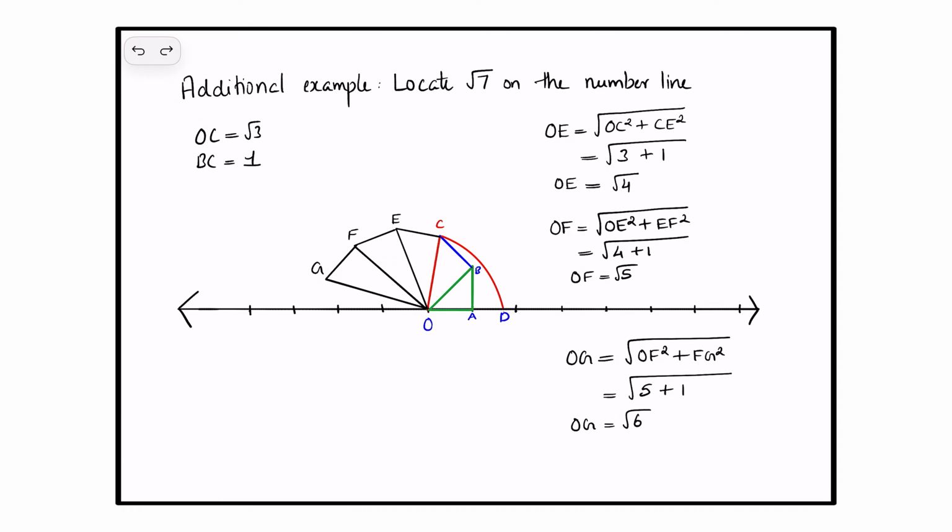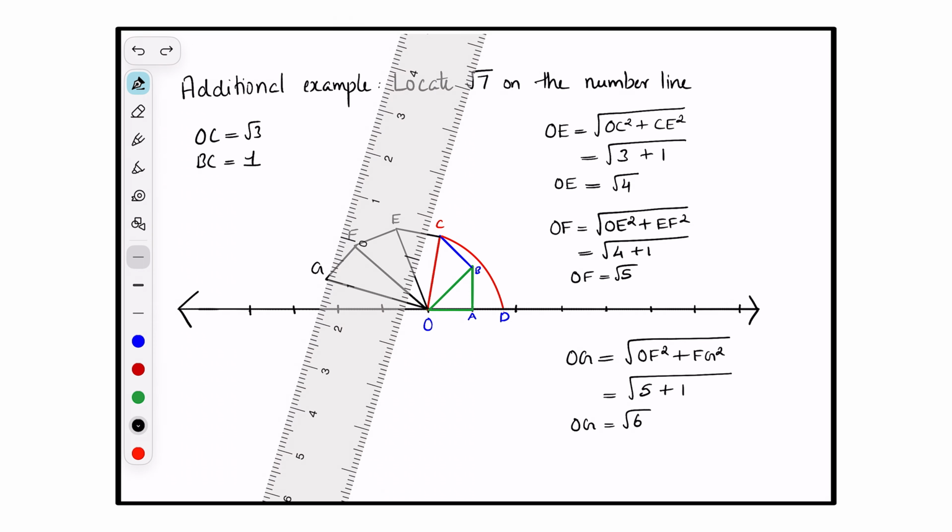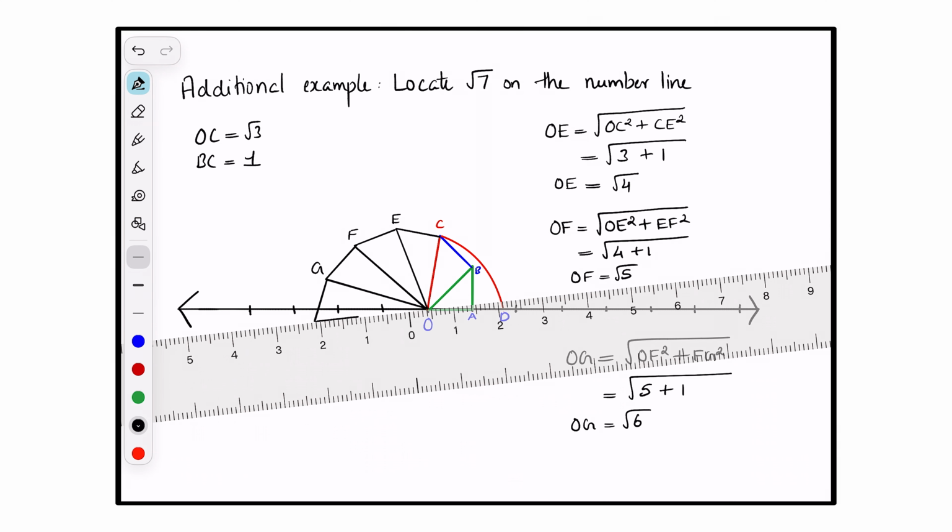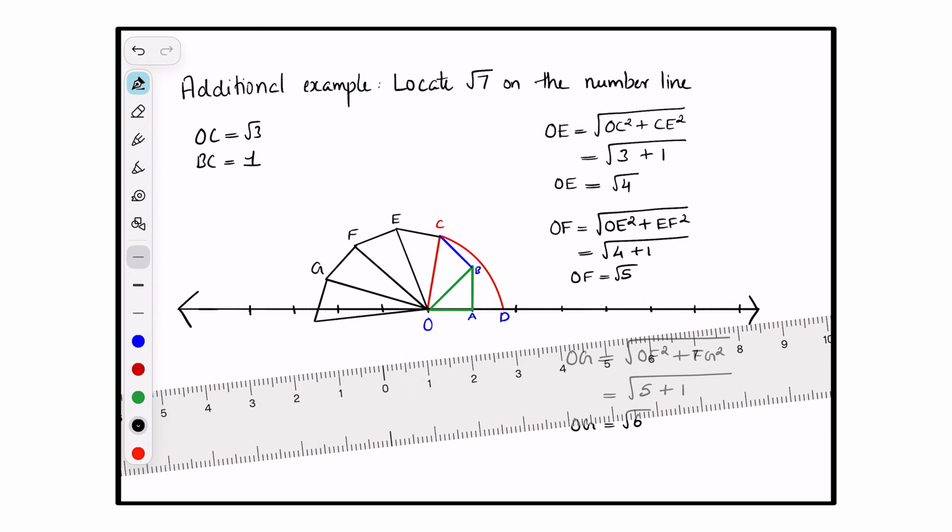And the final step, locating root 7, again I will plot a line 1 unit in length perpendicular to OG, and then I will join this. I will get root 7. Let me denote the new point as H. What will be the value of OH?